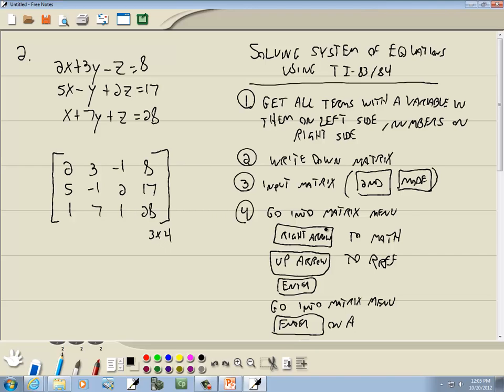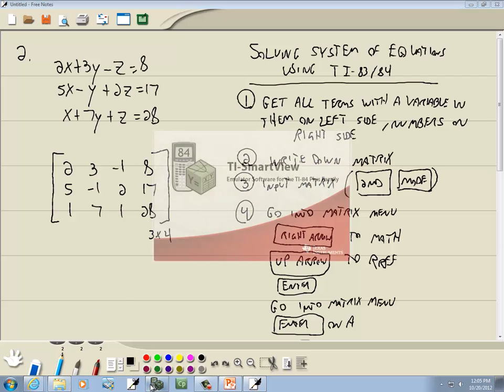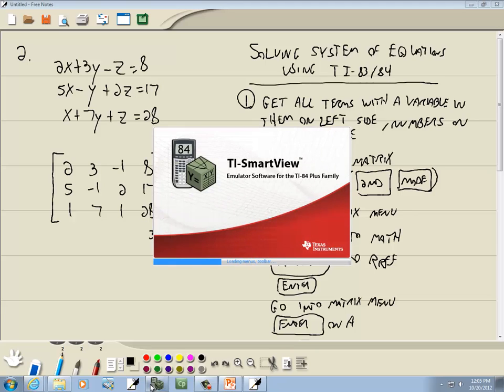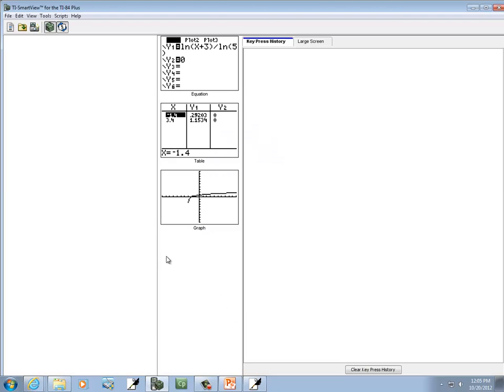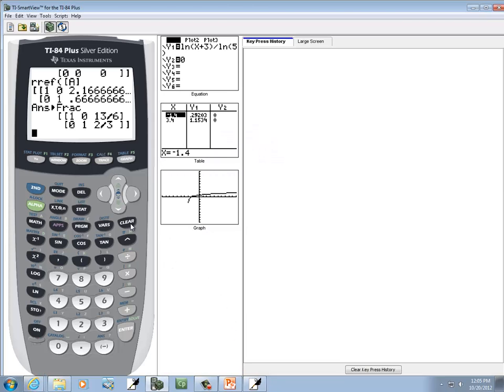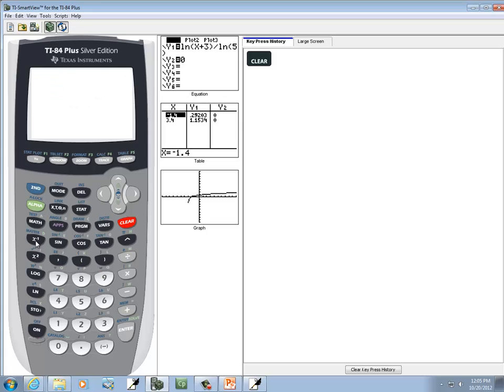So step 3 says input your matrix. Well, let's go take a look at that. So we'll bring my calculator up. Okay, so to get to my matrix menu, see above the x and negative 1 button? That's your inverse button, actually. Above the x and negative 1, it says matrix. So we'll do second x and negative 1 to go into it.